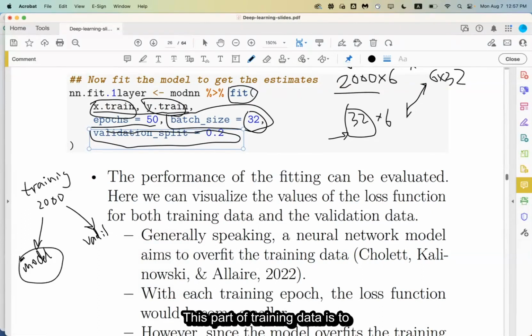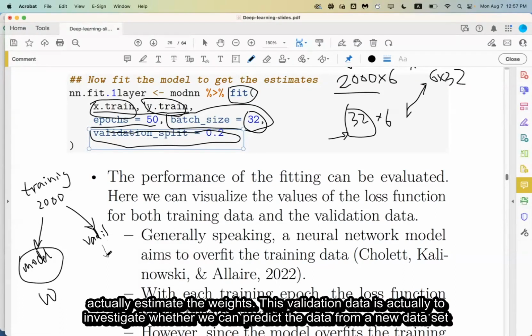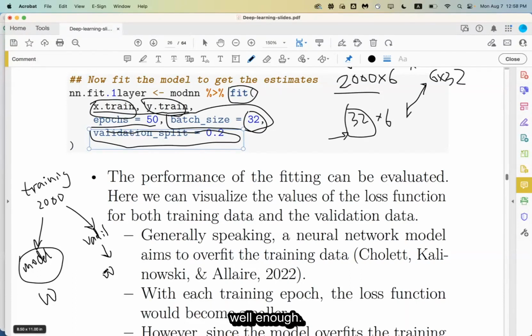This part of the training data is actually used to estimate the weights. This validation data is actually to investigate whether we can predict the data from a new data set well enough.